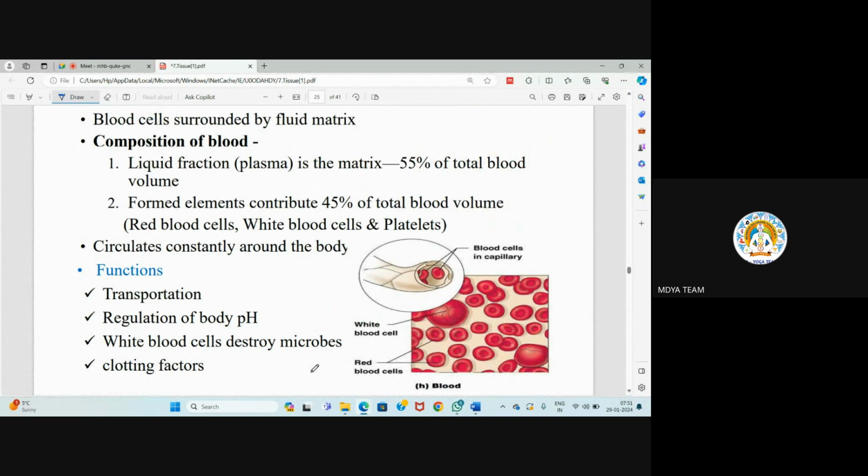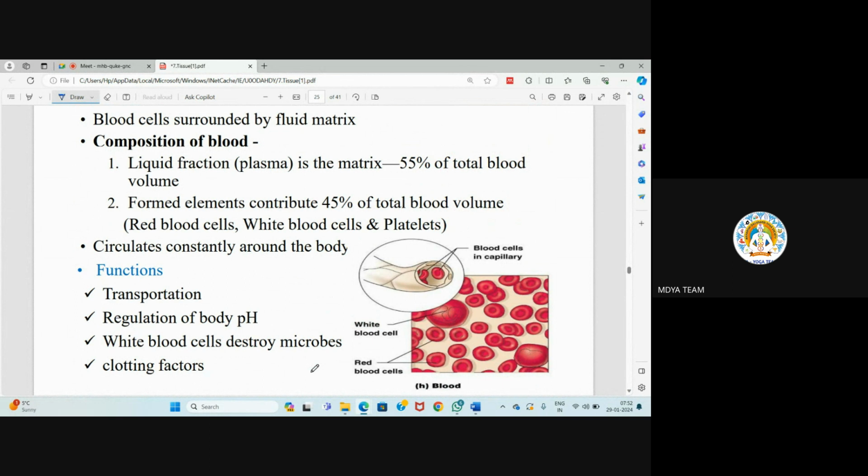So white blood cells are types of blood cells. Destroy microbes, what does it mean? Destroy means kill. They are killing microbes. White blood cells fight with microbes. Microbes means those microorganisms which are coming from outside the body.